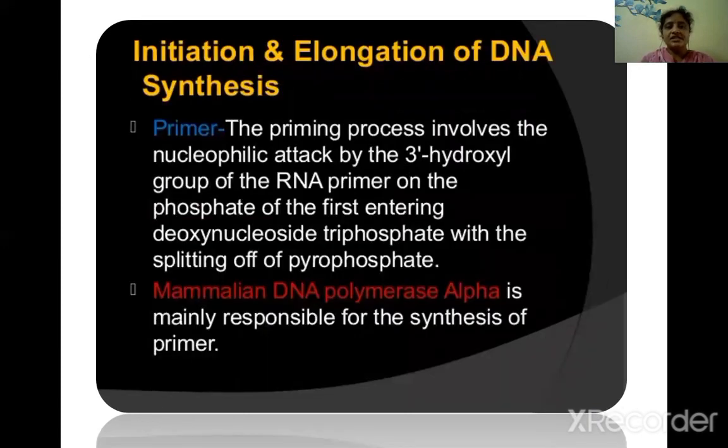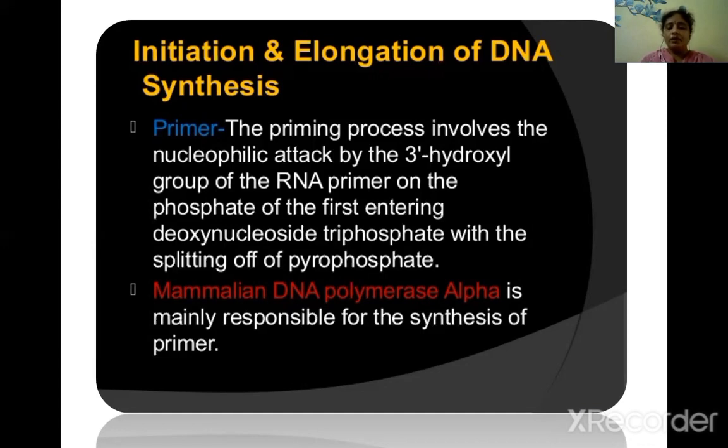Next, initiation and elongation of DNA synthesis. First, the primer. The priming process involves the nucleophilic attack by the 3' hydroxyl group of the RNA primer on the phosphate of the first entering deoxynucleoside triphosphate, with the splitting of pyrophosphate.